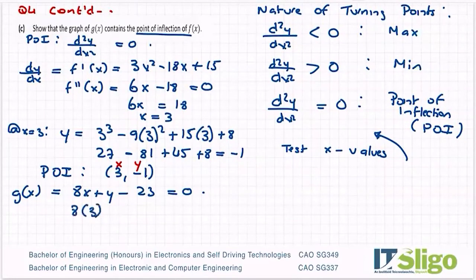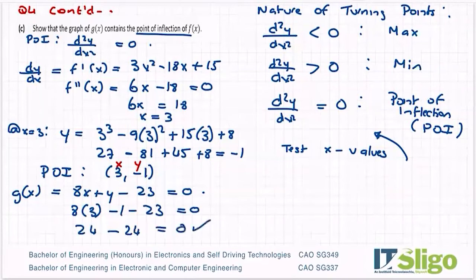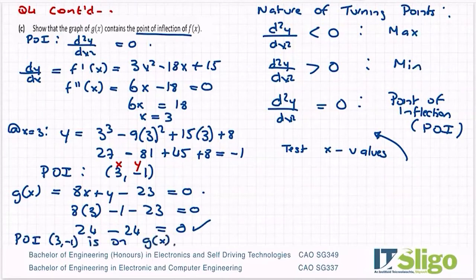So 8 times 3 minus 1 minus 23, is that equal to 0? 24 minus 24 is indeed equal to 0. So the point of inflection (3, minus 1) is on g of x. Again, this was the theory that you need to know for this one.